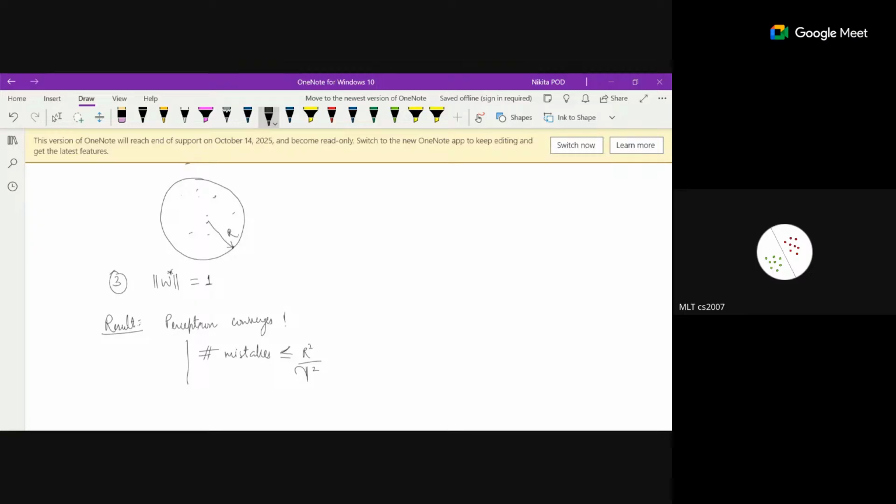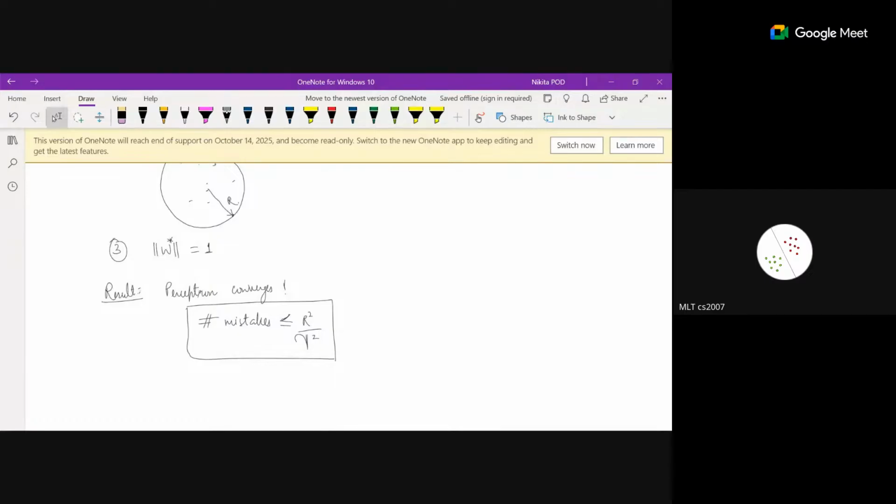So the number of mistakes that the perceptron algorithm makes is upper bounded by this R square by gamma square term. Since it's a finite number, we can say that the perceptron algorithm will converge.